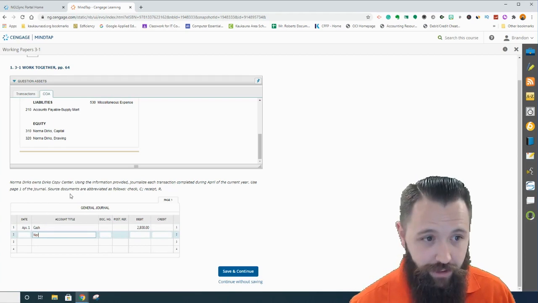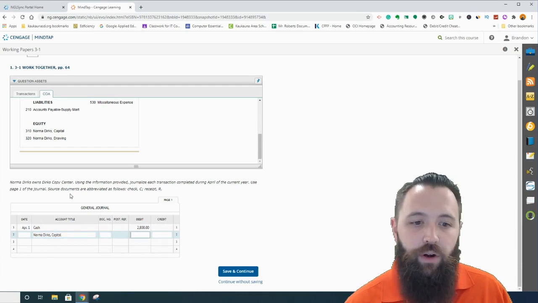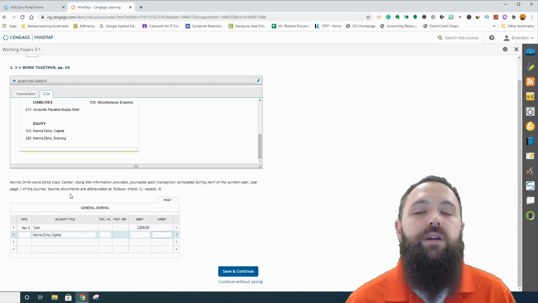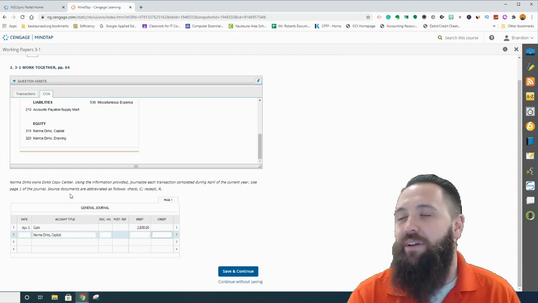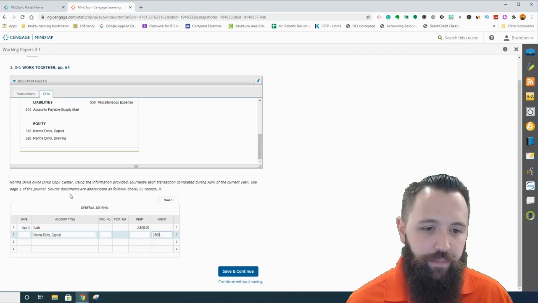It turned red, right? And here, I'm going to write it in the credit column now because I know that Norma Dirks Capital increases. I make my little T account with capital, and I go, okay, how do I increase capital? I credit it. So 2,800 in the credit column. Don't have to type in anything else.